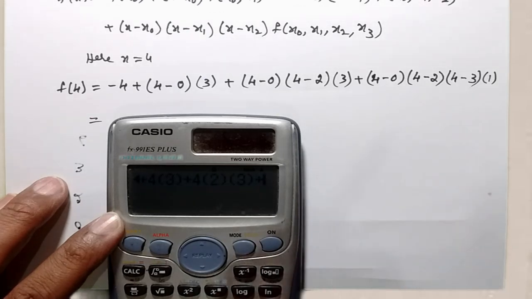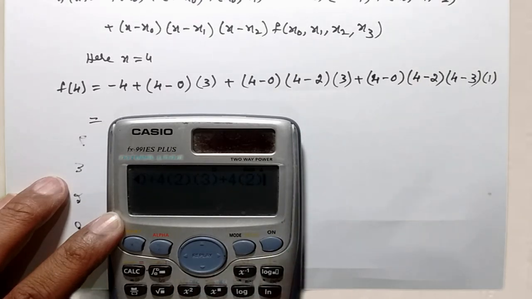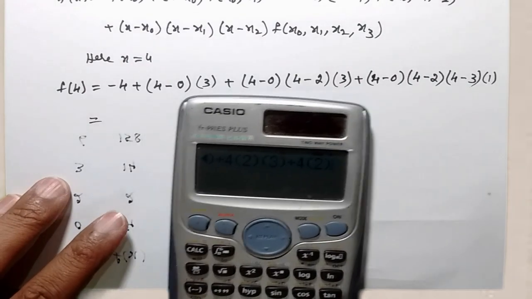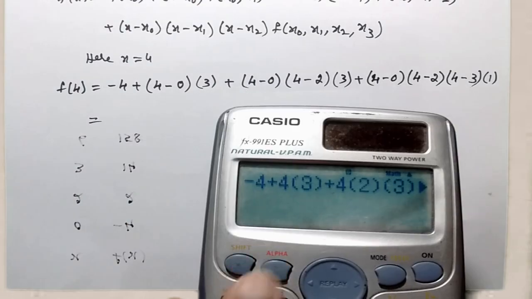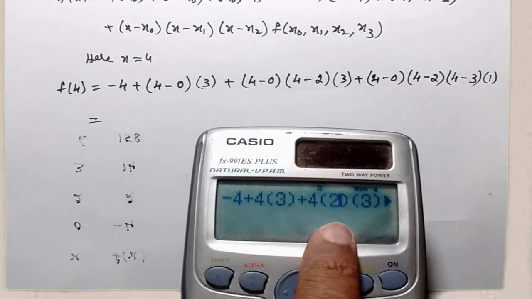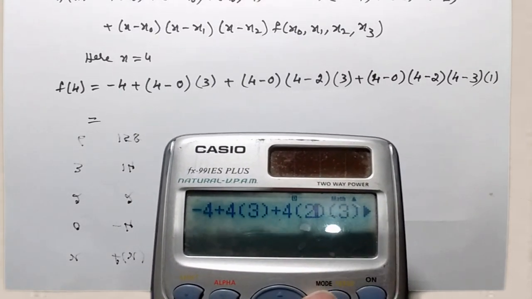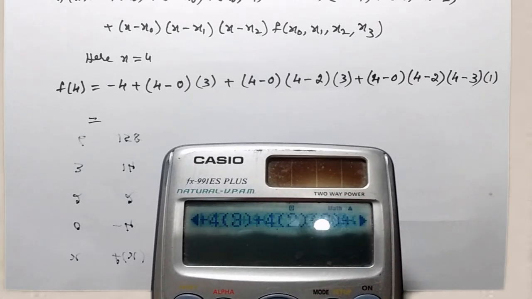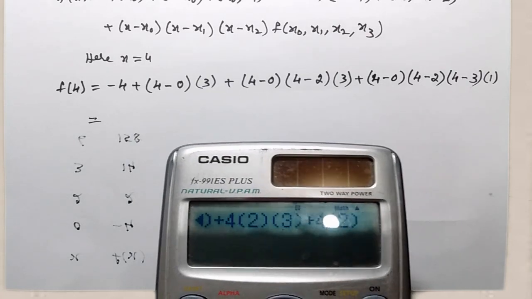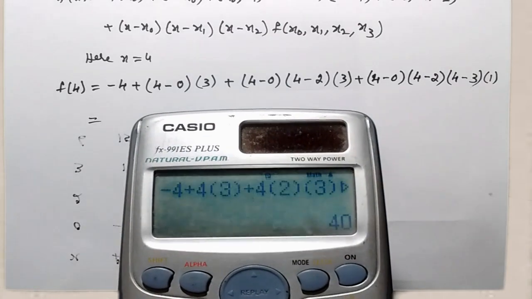Then plus 4 into 4 minus 2 will be 2, into 4 minus 3 will be 1, and 1 into 1 will be 1, so you can just ignore those values. I have typed minus 4 plus 4 into 3, plus 4 into 2 into 3, then plus 4 into 2 into 1. So press the equals sign and see what value you're getting.